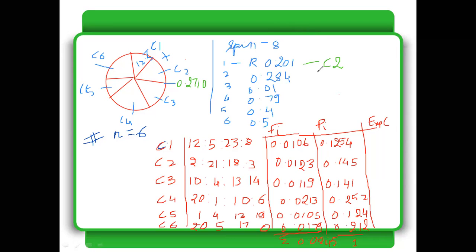So as per my computations, for 0.284, C3 would be selected. 0.1, C1 की भी probability से कम है तो here C1 is selected. 0.79 के लिए I think it is C6.